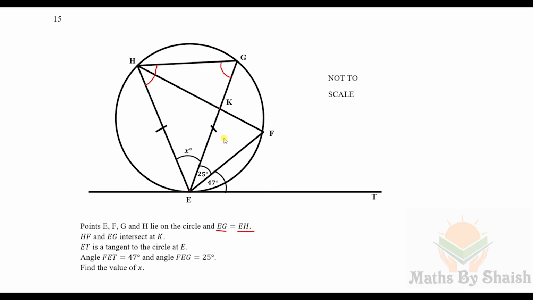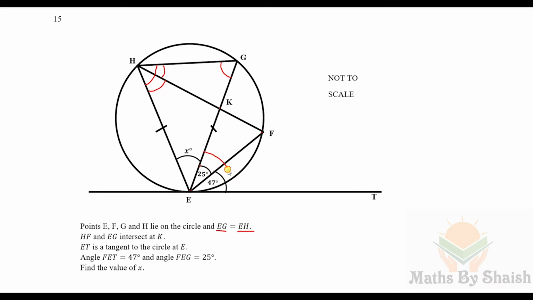So we can use the angle in the alternate segment, because we can see it is 25. This will also be 25. If it is 47, by angle in the alternate segment, we can see this is going to make an angle here, so it would be 47.